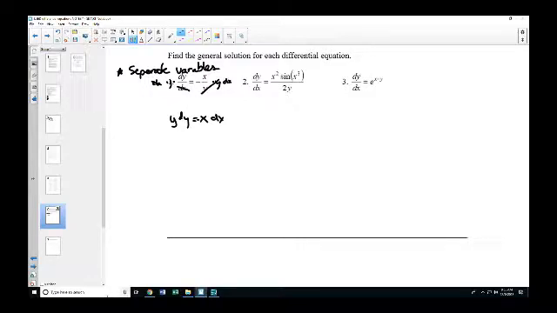Now you can integrate because we're separated. y squared over 2 equals negative x squared over 2 plus c. And you multiply by 2, canceling the 2, leaving you y squared equals negative x squared. So you square root that.